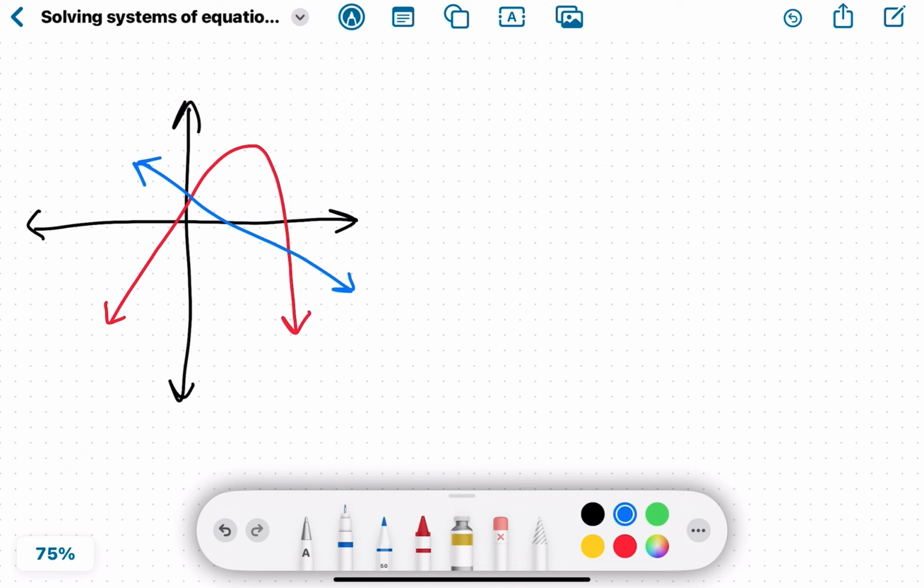All you have to do, once again, set them equal to each other. So let's say the blue is like y equals -x plus 3, and then the parabola is -x squared plus 5. For example, not drawn to scale, just like a random equation.